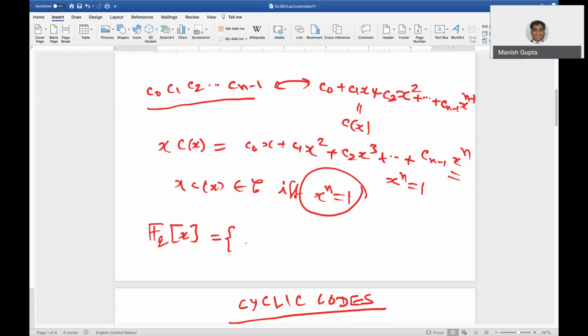I will give you a definition: f0 plus f1x plus dot dot dot plus fm x raised to m, for every fi in Fq. This is known as a polynomial ring. Actually, I will first give you an example before describing the properties of the polynomial ring.